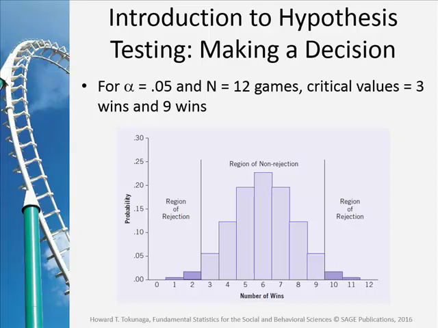So that's why it's at 3 and 9 and not 4 and 8. I'm taking my 5% and I've split it up and put it in the 2 tails, because most hypotheses are non-directional.